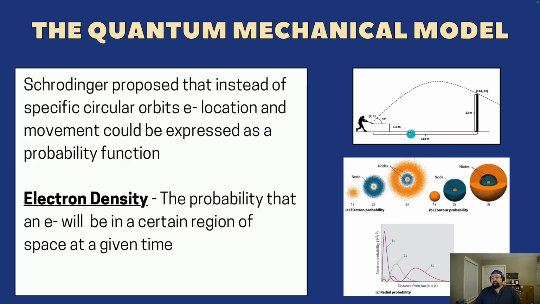So I want you to think about this diagram right up here, where there's a batter at the plate hitting a ball. The concept of probability is that this might be the most likely path for a baseball to travel in order to hit a home run, right?